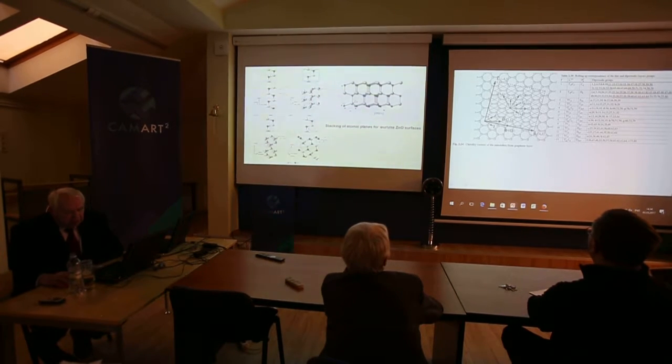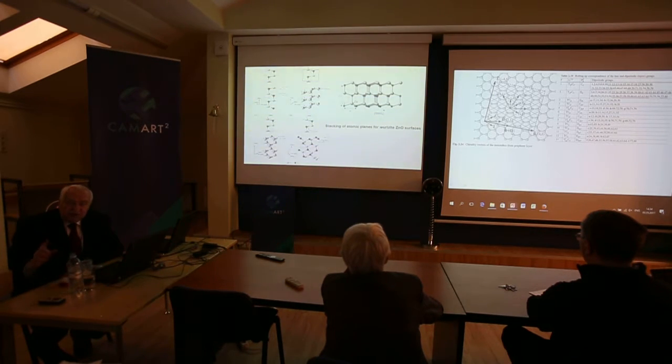If you calculate the number of lattice points, do not confuse it with atomic positions. A lattice point is the center of these hexagons. And when you calculate the number of lattice points inside this unit cell, you will receive the order of the axis of this nanotube. And this will be a screw axis.